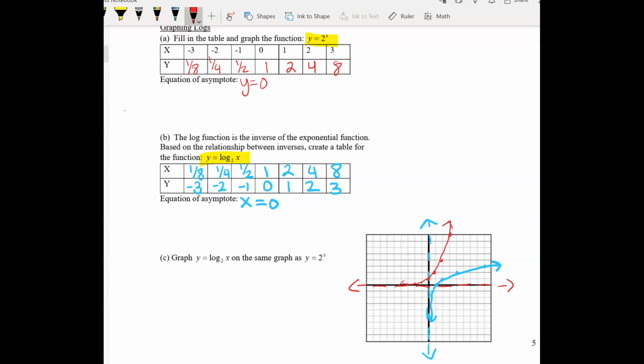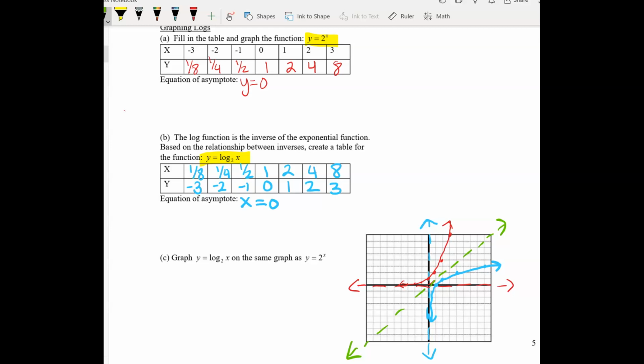Hopefully this helps you visually see that inverse relationship, that these are reflections over the line y equals x. I'm going to draw that in here so that you can see that. And you can see they definitely look like they've been reflected over that.